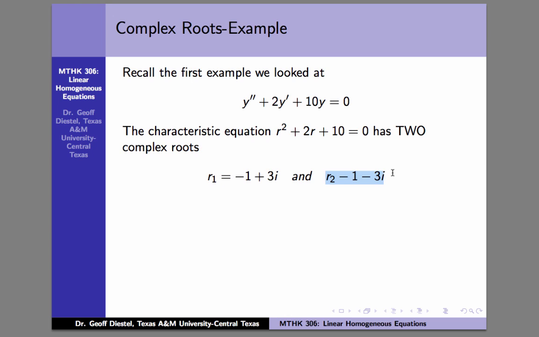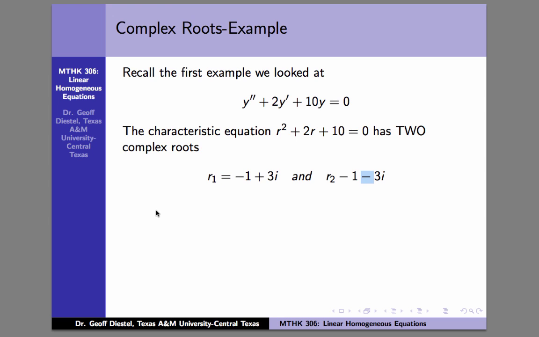There should be an equals: r2 equals -1 minus 3i. So we can just make note of that for now. But when you simplify those calculations, this is what you get. So our a is -1 and our b is 3. Remember, this is a plus or minus we get in the second term. So we really just want to identify what's on the other side of that plus or minus, and it's 3.